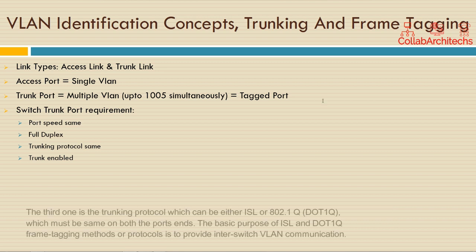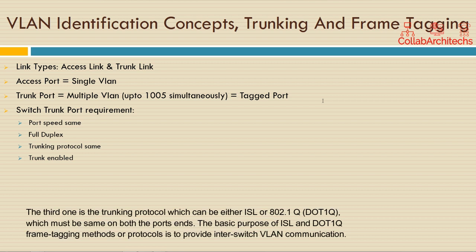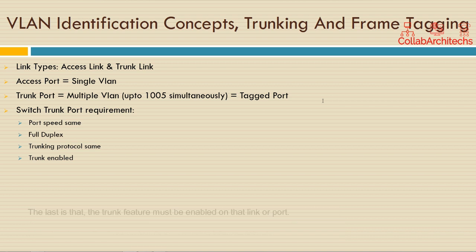The third one is the trunking protocol, which can be either ISL or 802.1q, or .1q for short, which must be the same on both ends. The basic purpose of ISL and .1q frame tagging methods or protocols is to provide inter-switch VLAN communication.